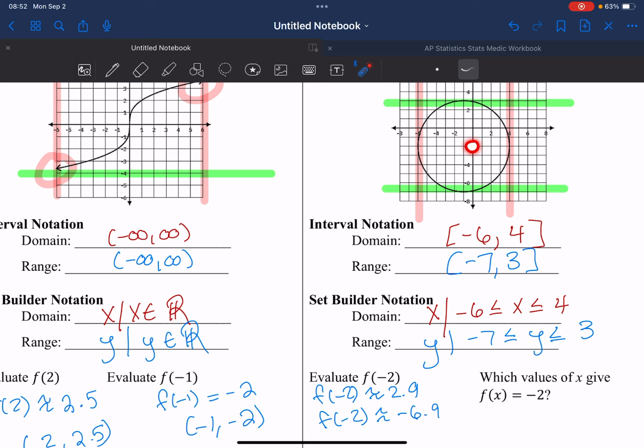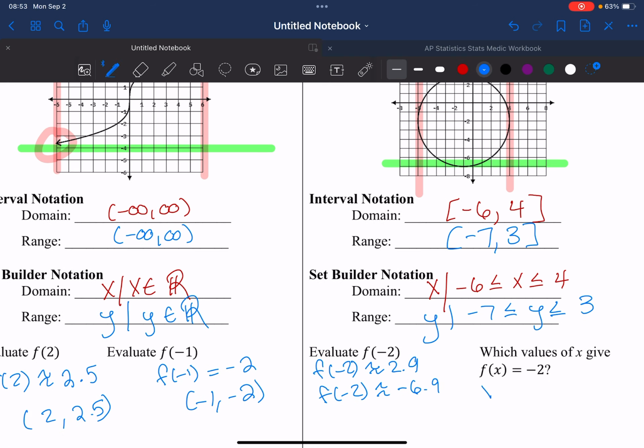So -2 is right here on the y's, and I need to find the corresponding x value. So that means I have to go left and right. So if I go right, I hit it at 4, but if I go left, I hit it at -6. So I'm going to have 2 points here. I'm going to have x is equal to 4, and x is equal to -6, which means I have 2 points, (4, -2) and (-6, -2).